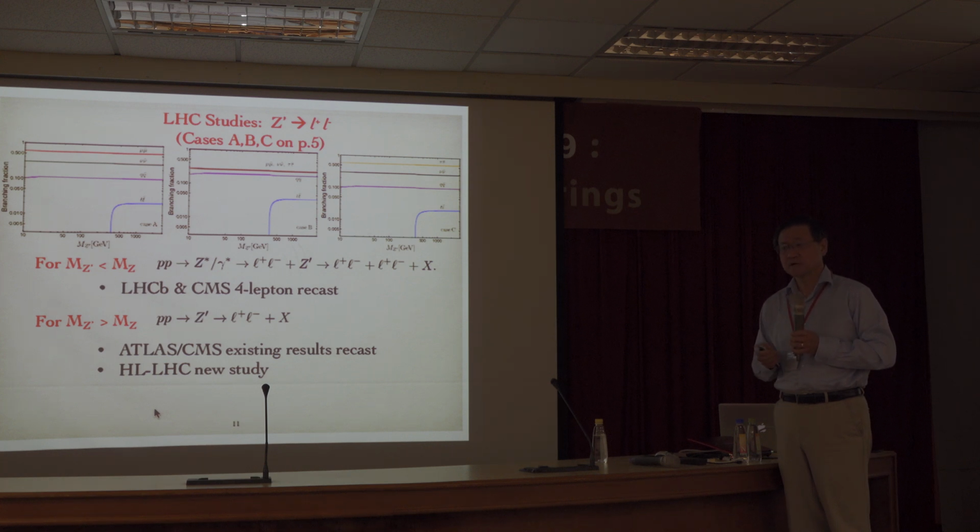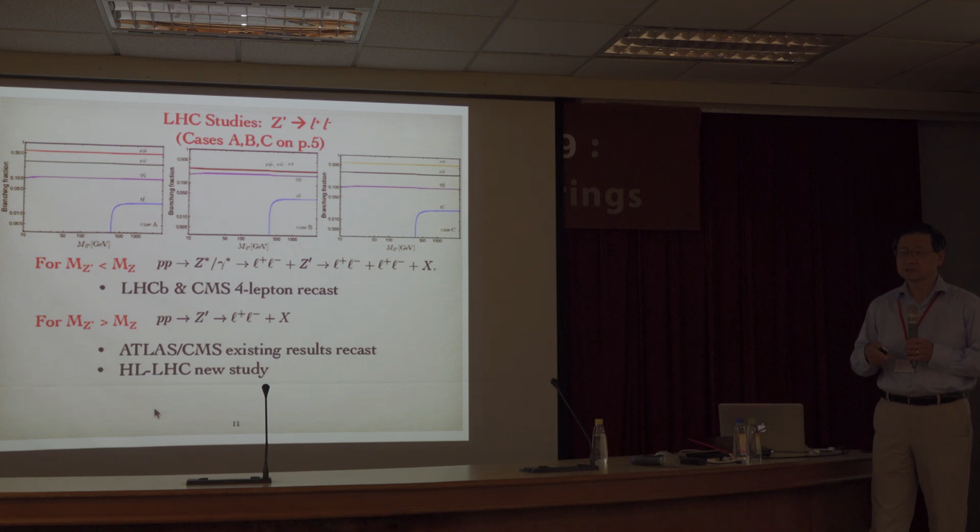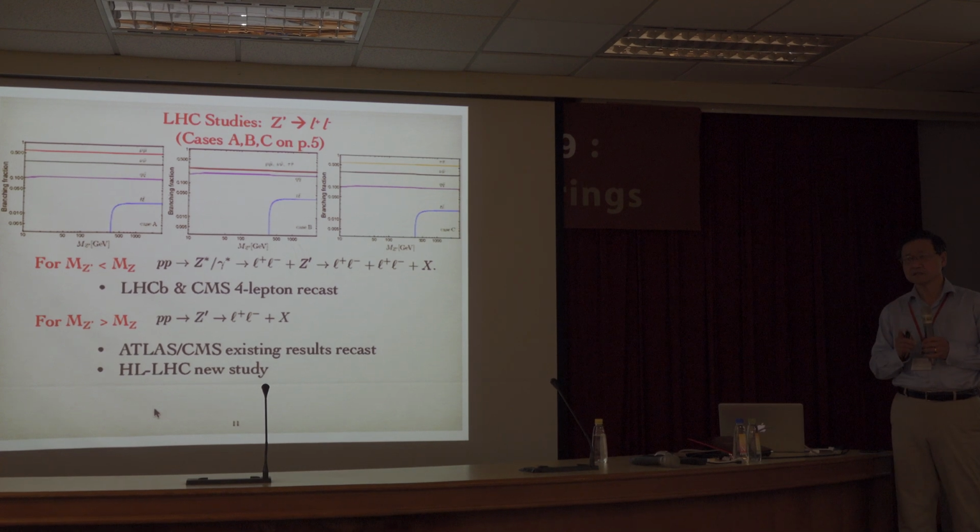So this is simply read off from the data. They search for 4 leptons, both from the B factory and also from LHCb. LHCb has a 4 lepton search too. We use their current experimental bound. We did not do the secondary vertex at all. I don't know whether the data exists for that. We just took the simple data.